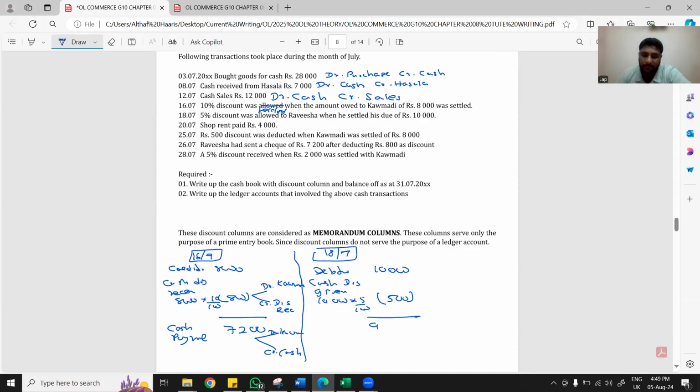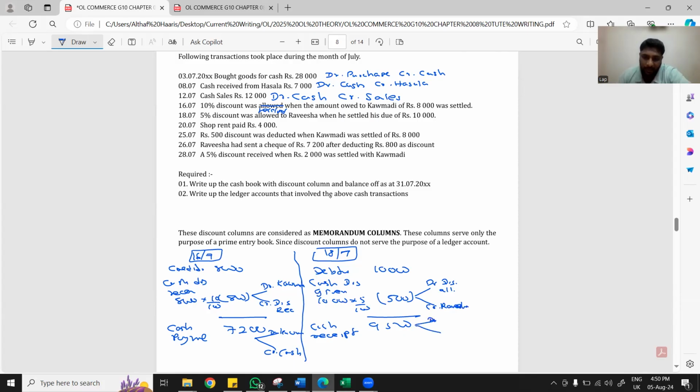Then cash receipt is only 9,500. So the double entry for this: debit the discount allowed, expense, credit Ravisha.